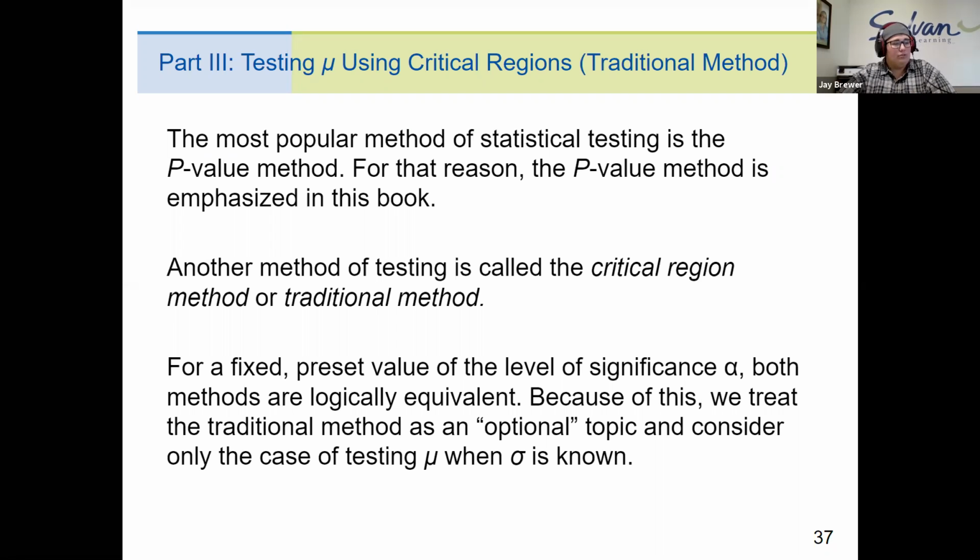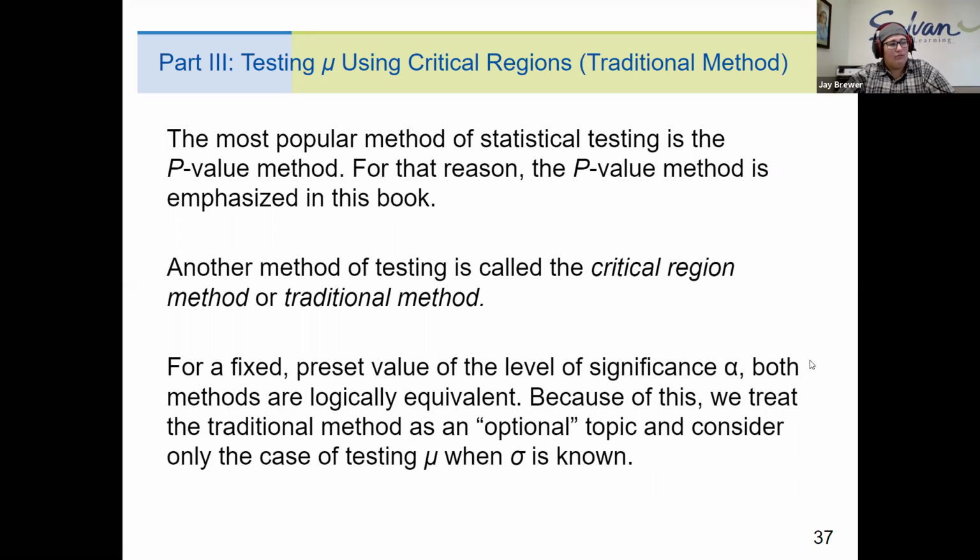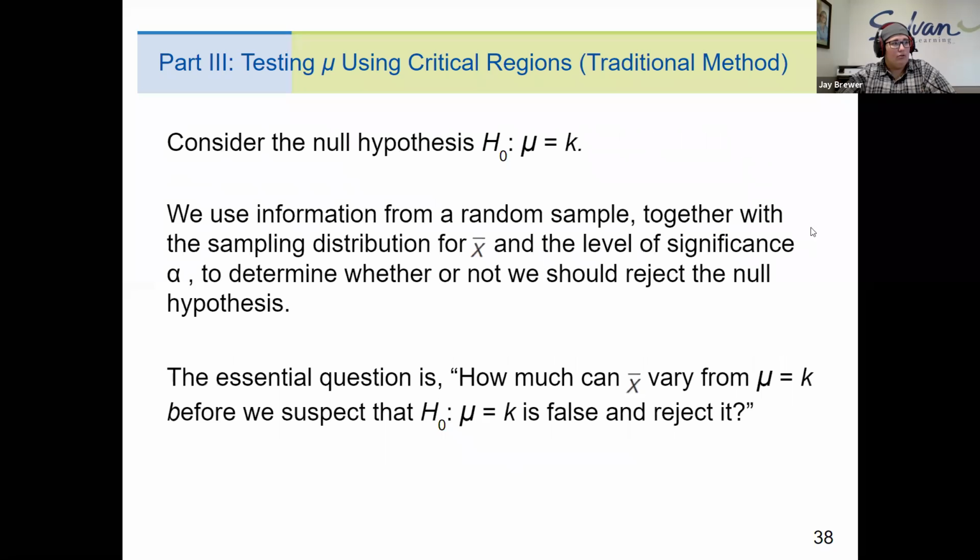Because of this, we treat the traditional method as an optional topic and consider only the case of testing mu when sigma is known. So they're not going to go through both options here for you. I'm sure you could probably look for it in another textbook or online, but either way, you're not going to be asked about it. So it would just be for personal knowledge.